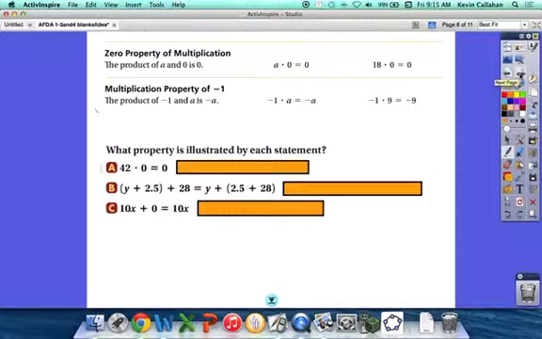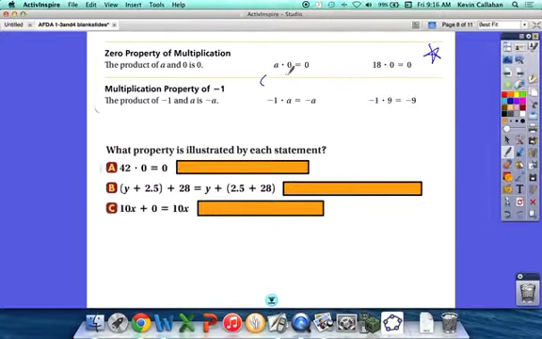To me, the most important property, and this one is by far the one that we use the most, is the 0 property of multiplication. Meaning, what is 0 times anything? It's 0. We use that in algebra when we're solving by factoring.